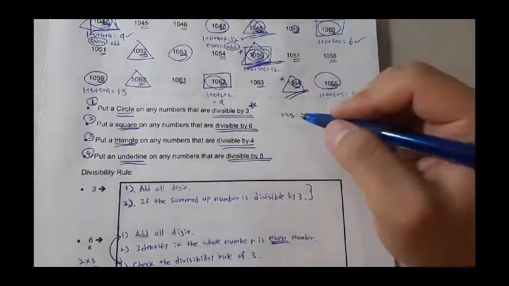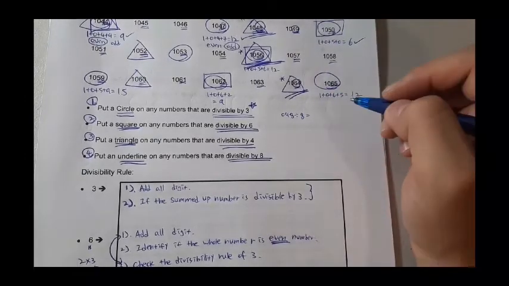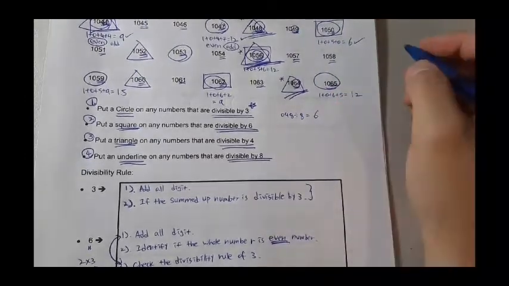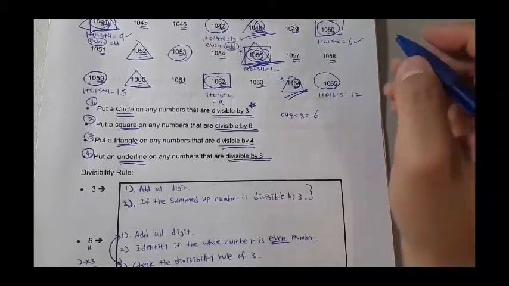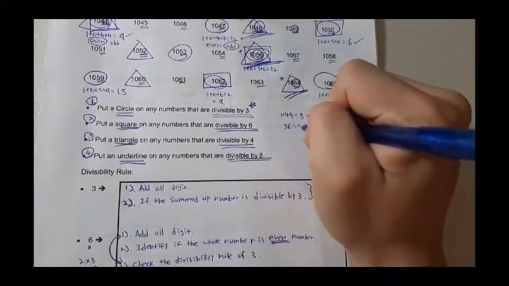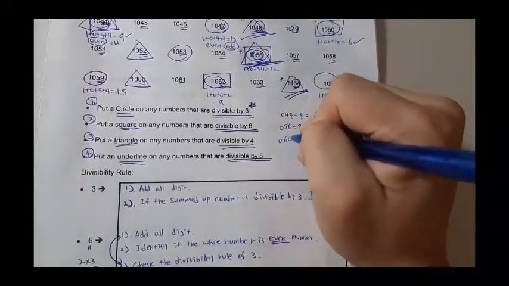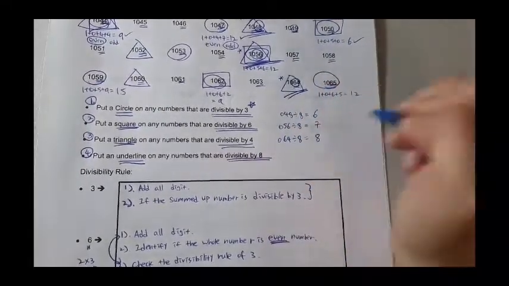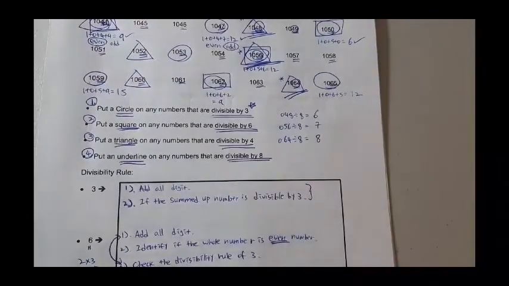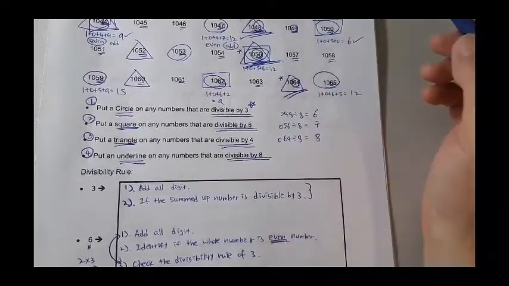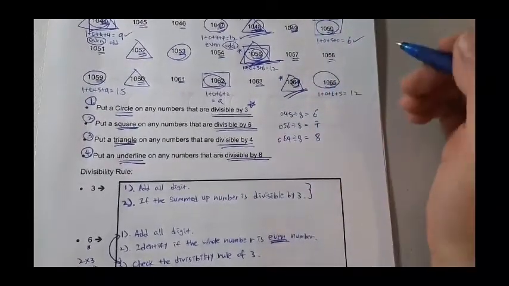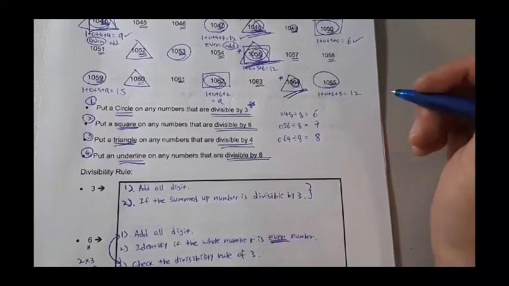What makes 48 from the multiplication table? 8 times 6 gives you 48. 56, 8 times 7 gives you 56. 64, 8 times 8. So the thing is, if you collect 3 digits and divide them by 8, then you can figure things out.